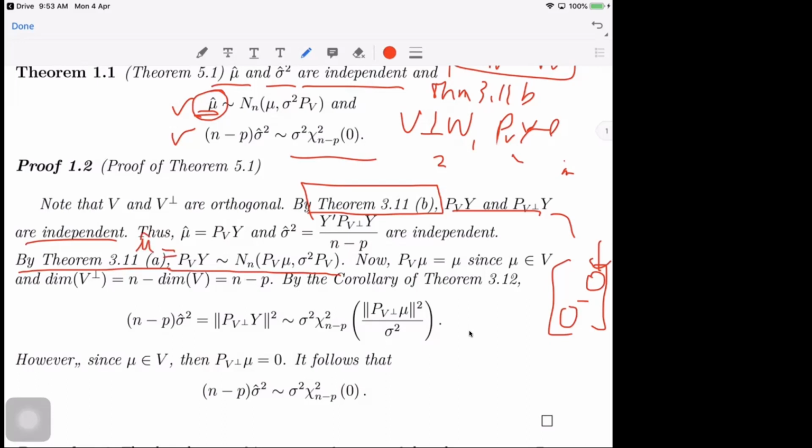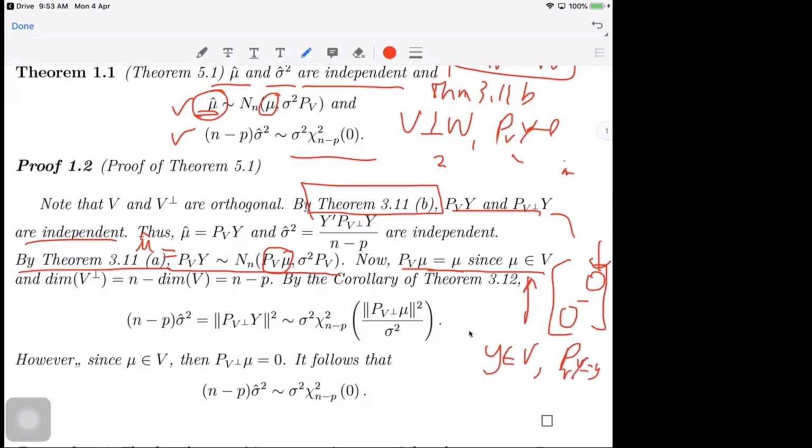Unless I only asked what the distribution is, then you can answer directly. And this is true because if y is in v, if and only if the projection of y onto v is y.